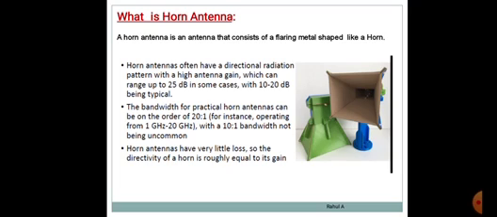With the help of the horn antenna we can achieve a very high bandwidth. That means the fH value could be 20 gigahertz and the lower value, fL, is 1 gigahertz, so we can achieve a bandwidth of near about 20 gigahertz with the horn antenna.